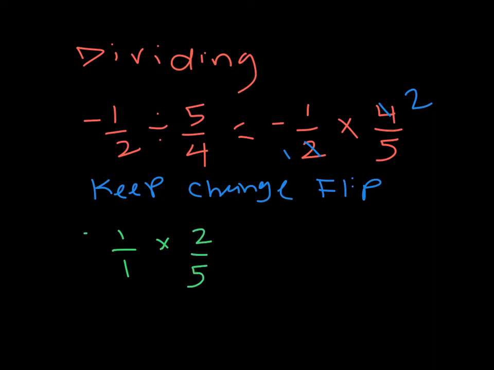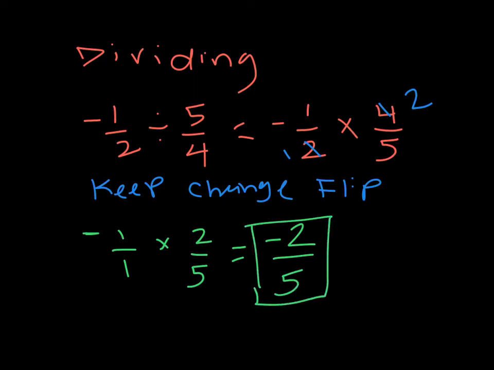And let me not forget to bring my negative sign down. So it's negative 1 over 1 times 2/5. So negative 1 times 2 is going to give me negative 2, and 1 times 5 gives me 5, making my final answer negative 2/5.